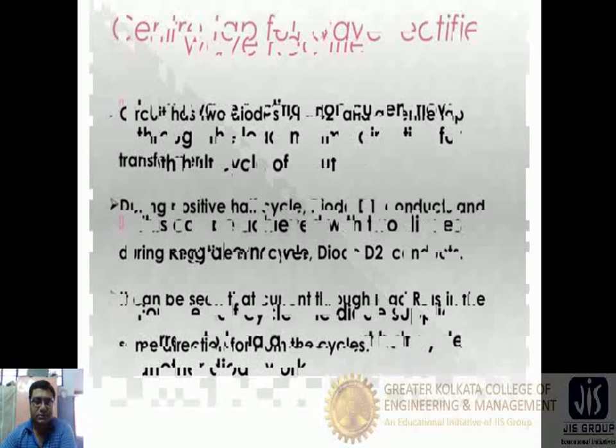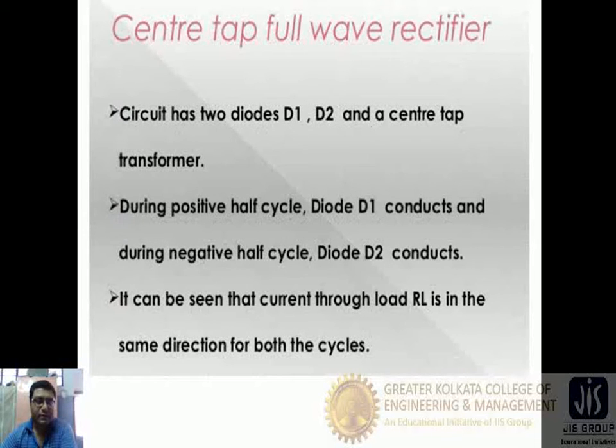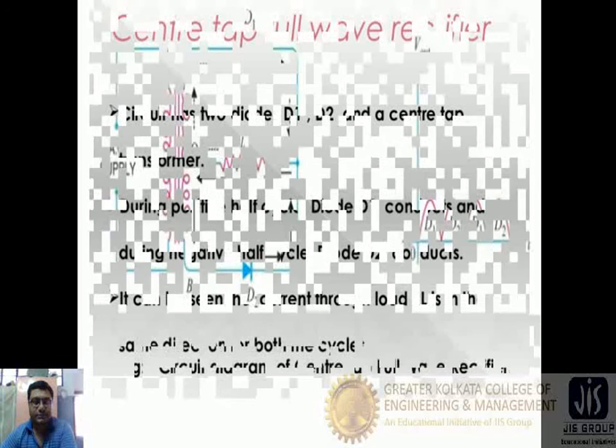We will discuss it with the help of a diagram later on. The circuit has two diodes, D1 and D2, and a center tap transformer. During the positive half cycle, D1 conducts, and during the negative half cycle, D2 conducts. It can be seen that the current through the load resistance RL is in the same direction for both cycles.